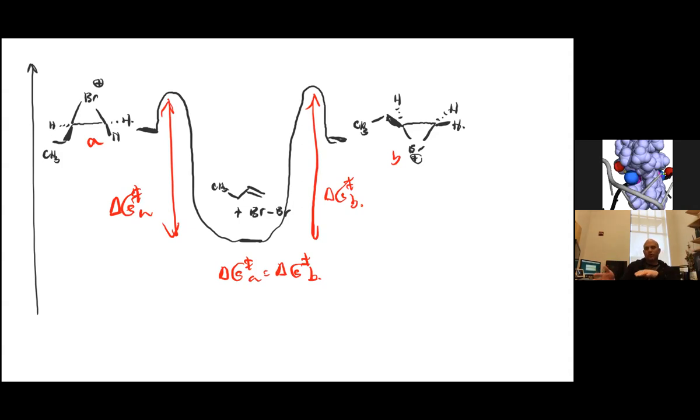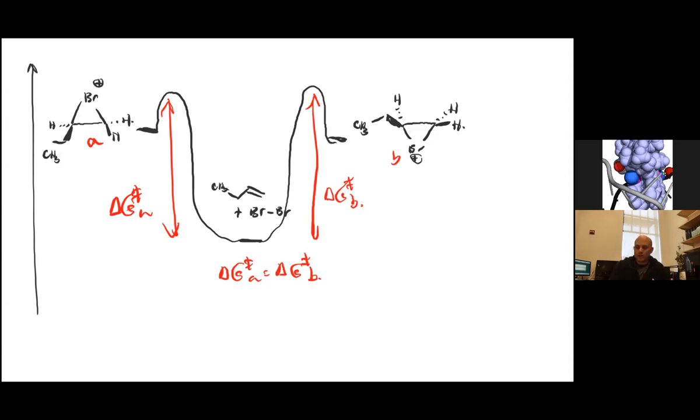The longer rigorous way is to work through the mechanism and ask yourself, what is the stereochemical relationship between the different possible isomers that I can generate? And as long as you're making enantiomers, you're making compounds, intermediates or transition states of the same energy.